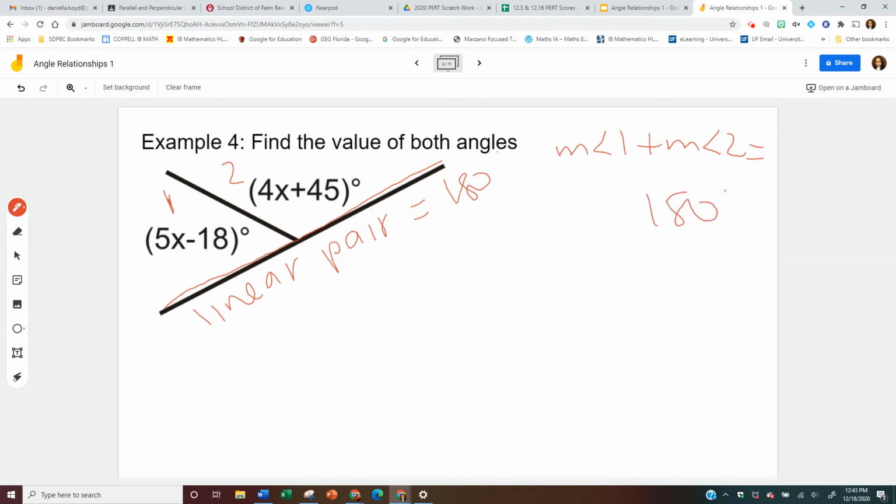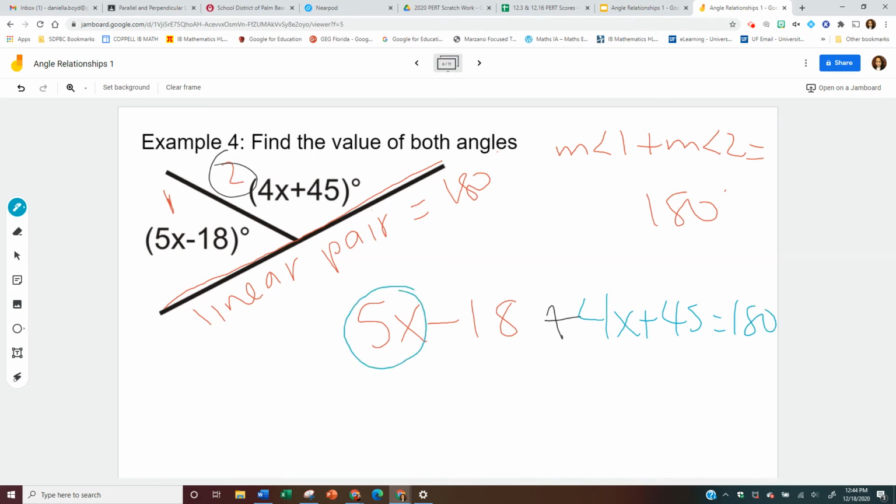So angle 1 is 5x minus 18, and I am going to add this to angle 2, and angle 2 is 4x plus 45, and this has to add to 180 degrees. I'm going to combine my like terms.